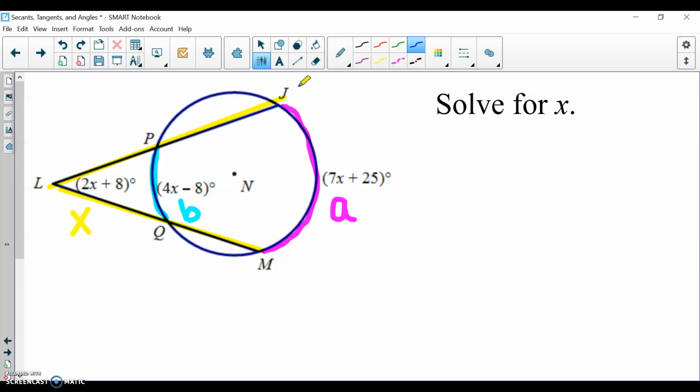So you're still following the secant-secant angle formula, which tells you that your value of X is (A minus B) divided by 2, larger arc minus the smaller arc divided by 2, and then you just have to carefully substitute in again and solve. So our value of X, we have 2x plus 8.